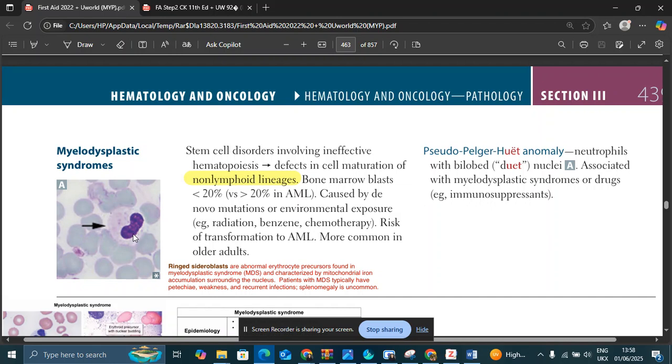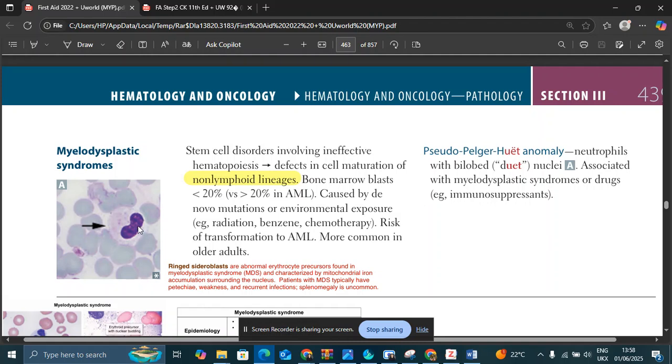What is meant by hyposegmented neutrophils? I have already told you that neutrophils usually have 4 to 5 lobes, okay? But if we see two or three lobes, usually two lobes, bilobed neutrophils, in other words hyposegmented neutrophils, you should think about myelodysplastic syndrome. This image is very important. You are seeing only two lobes in the neutrophils.